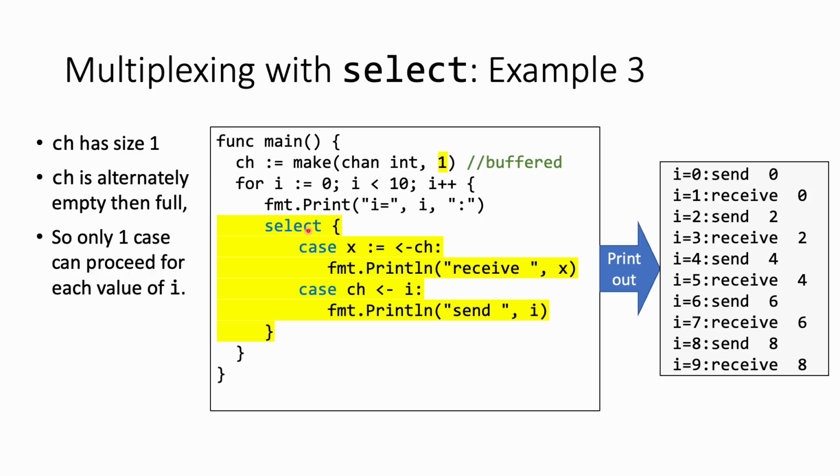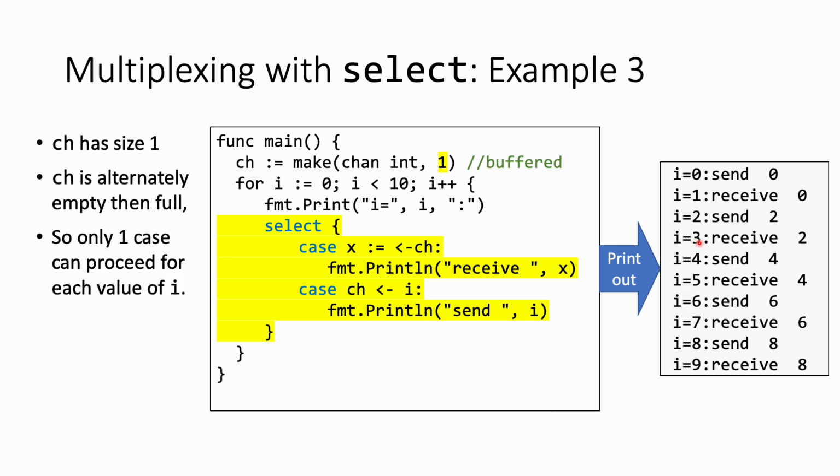Through the select statement inside the for loop, channel CH is alternately empty and full, so only one case can proceed. Either send value I to CH when variable I is even, or receive from CH when the value of I is odd, where I is the counting variable of the loop that counts from 0 to 9.